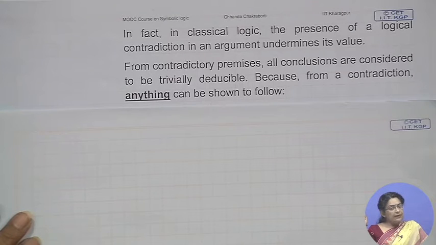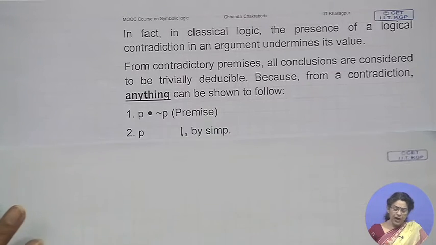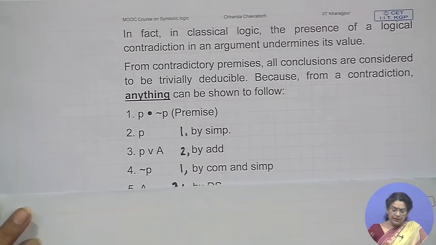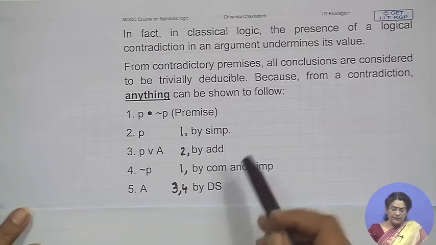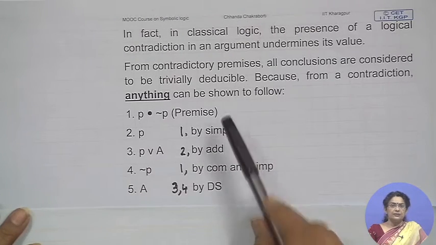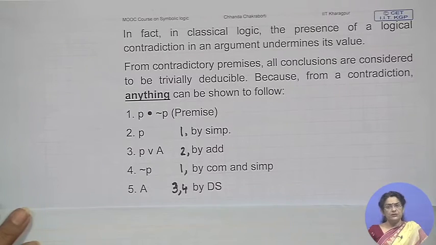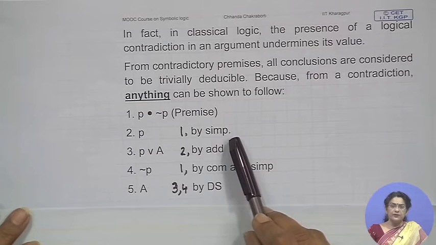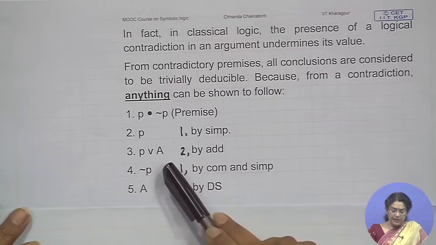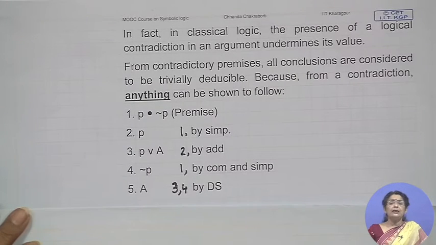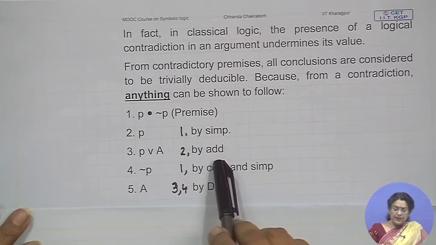In case you can't grasp it conceptually, I will show you how this proof works. For example, suppose you have the premise P dot not P, which is a patent self contradiction. From that we can simplify to P, and then we can add A, where A is any conclusion of your choice, anything. It can be a very complex proposition also, just by addition.